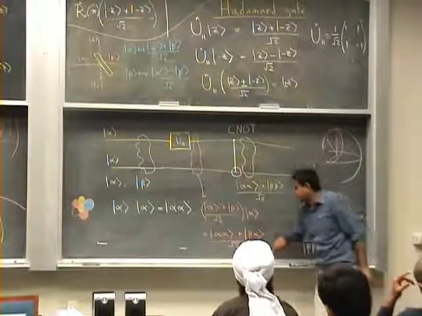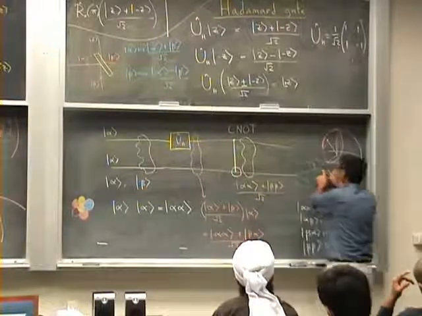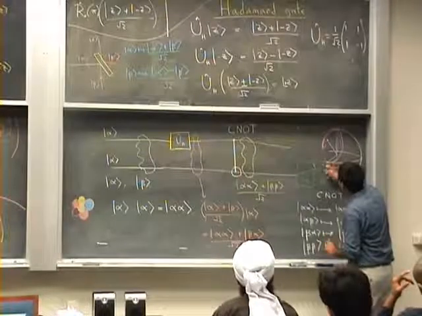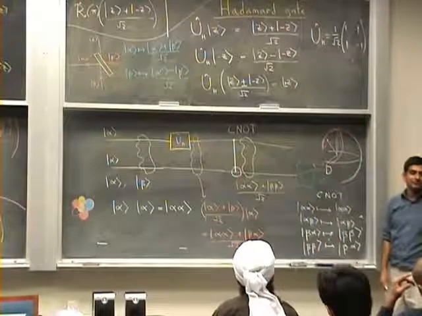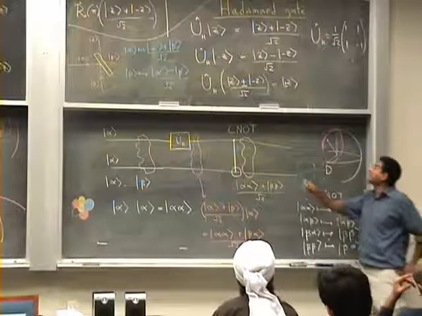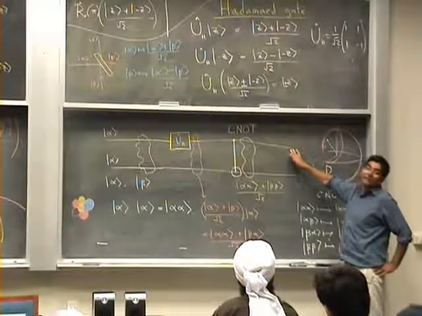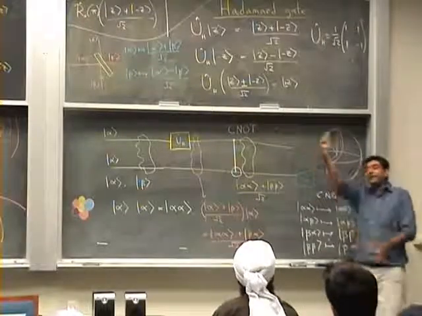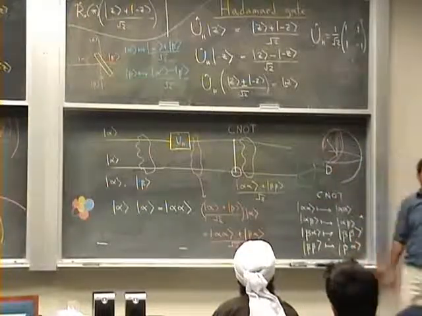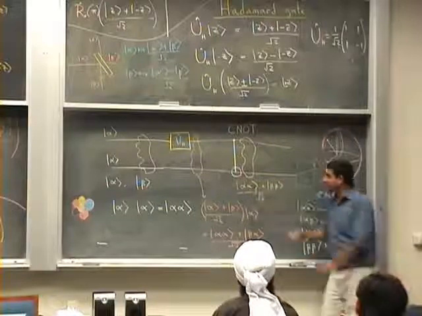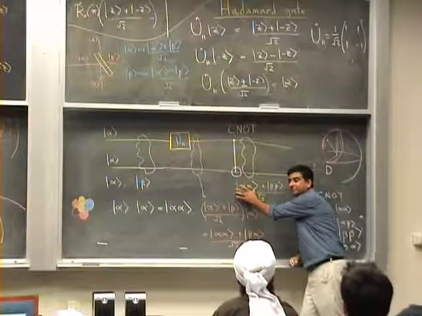But the point is that if I measure alpha, if this detector clicks, then wherever the other qubit is, you don't have to detect it. It will automatically be in the alpha state, because you're collapsing this wave function.